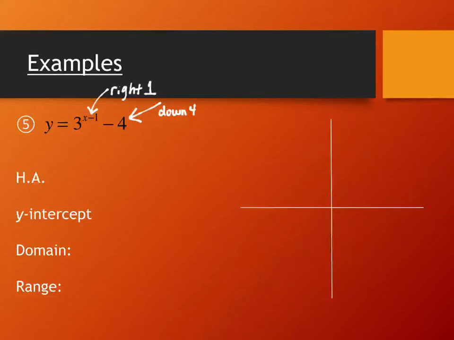Okay, so if I'm moving everything down 4, that includes the horizontal asymptote, right? So now it needs to be down here at -4, because that's what we would do if we shifted it down 4. So my horizontal asymptote is at y equals -4.